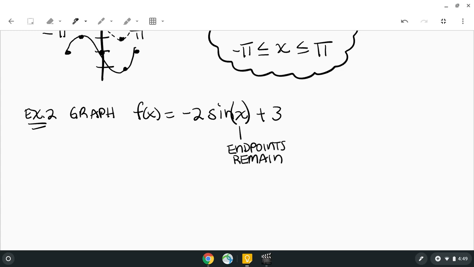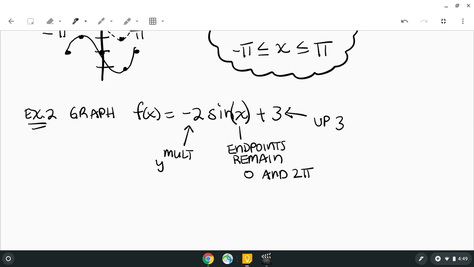They only change if you have anything added, subtracted, multiplied, or divided with x. So the endpoints remain 0 and 2 pi. This one here, you're going to shift your points up 3.